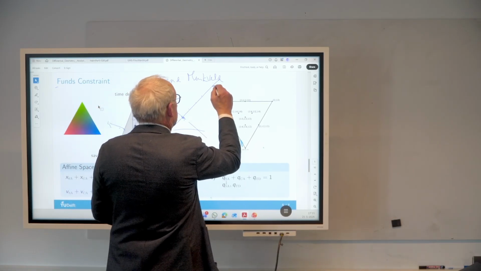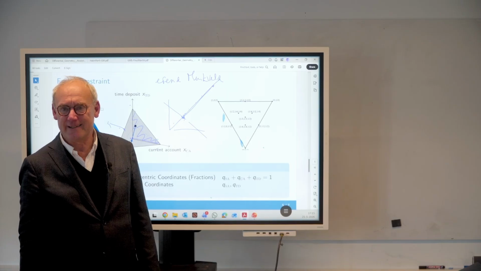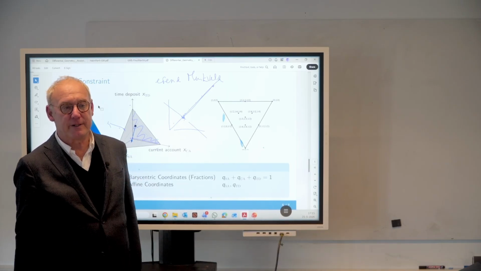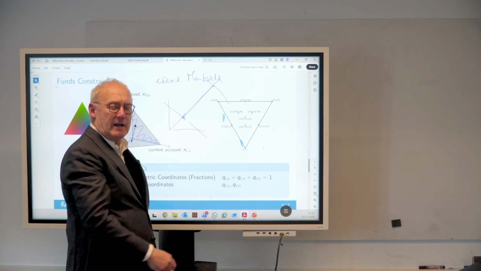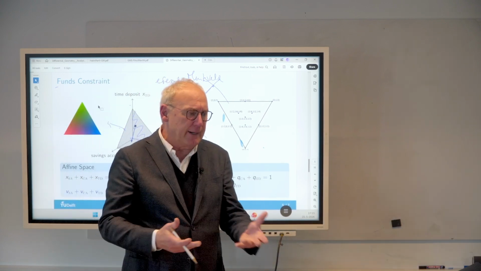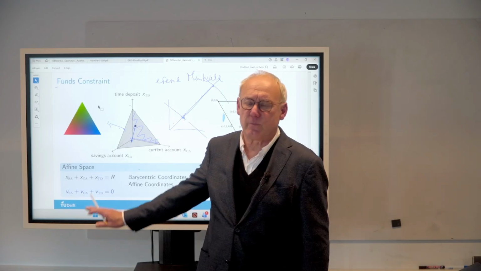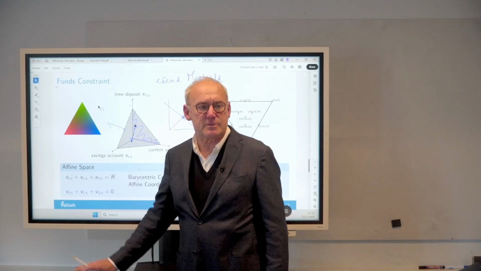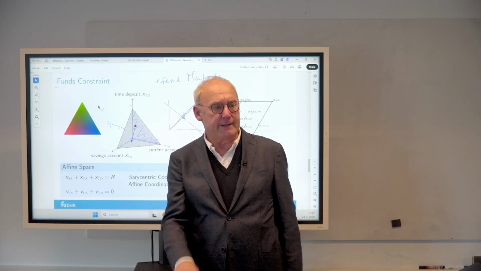Any point on this line you can project down to this point, and you get the right point. I agree that you had more funds here, but we're now just comparing different compositions. This is why it is sometimes called a projective space, because you're projecting all points along a line.